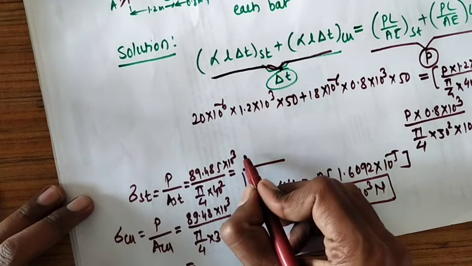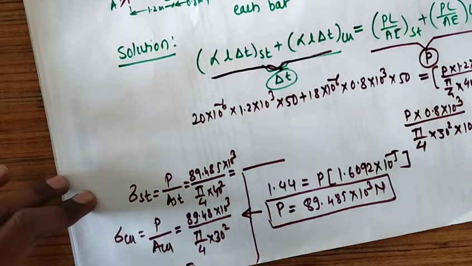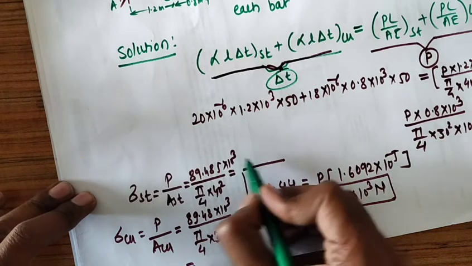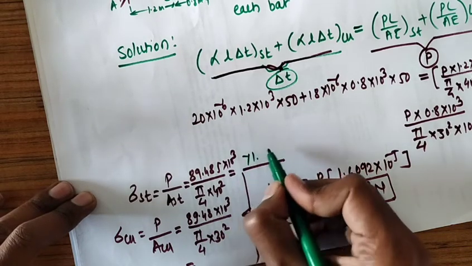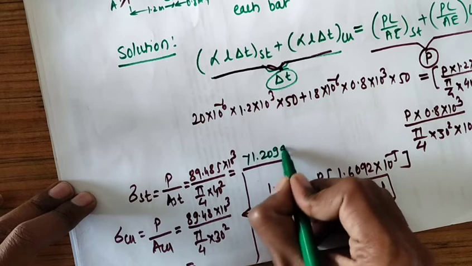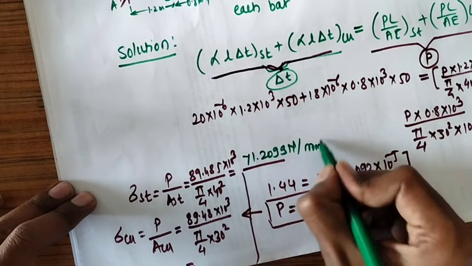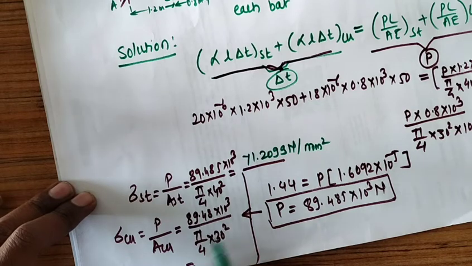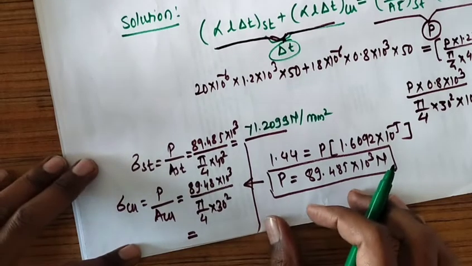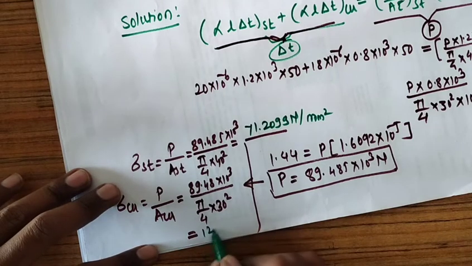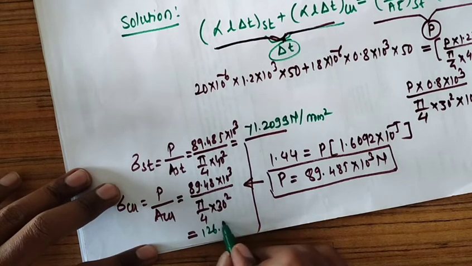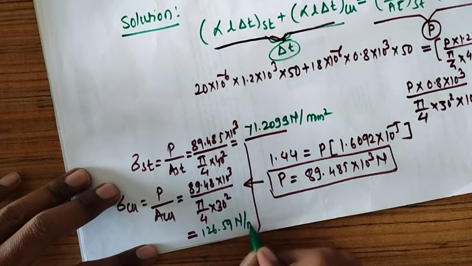For steel it is 71.2099 Newton per mm square, as we are putting P in Newton and area in mm square. And here for copper it is 126.593 Newton per mm square.